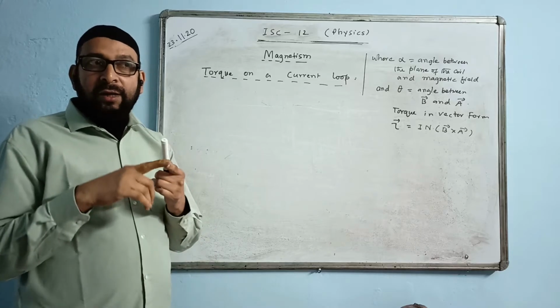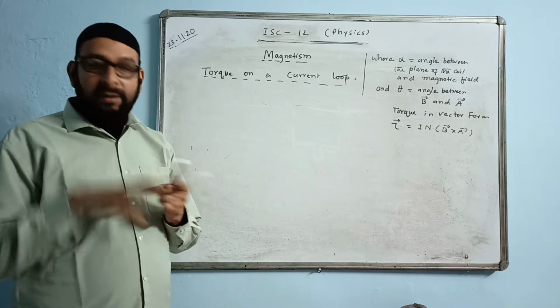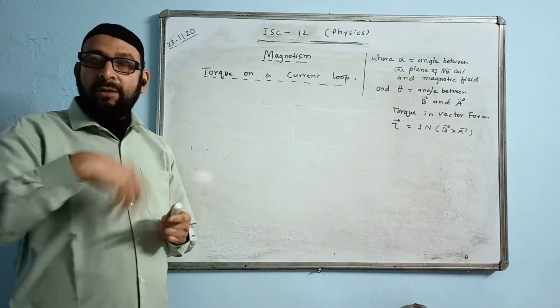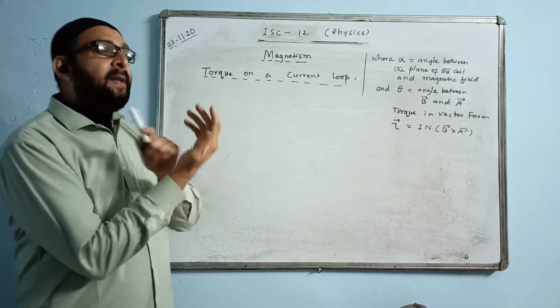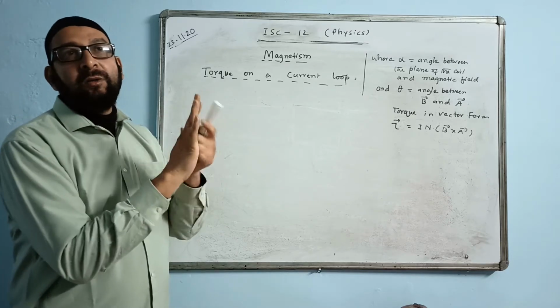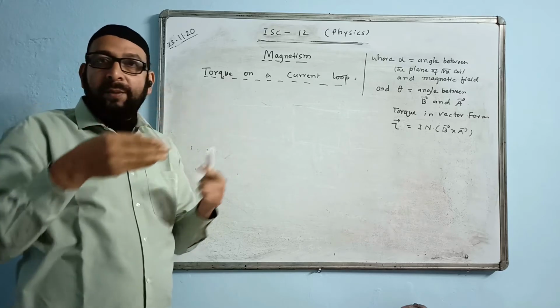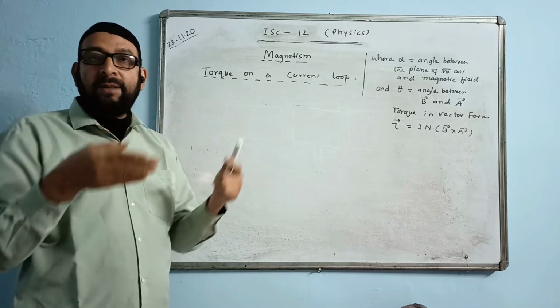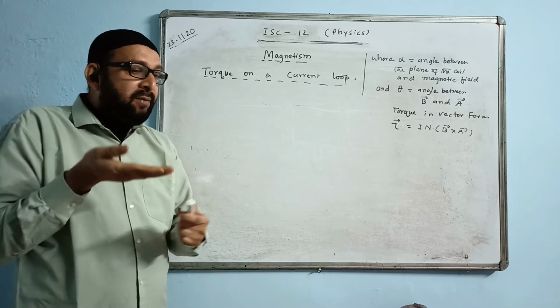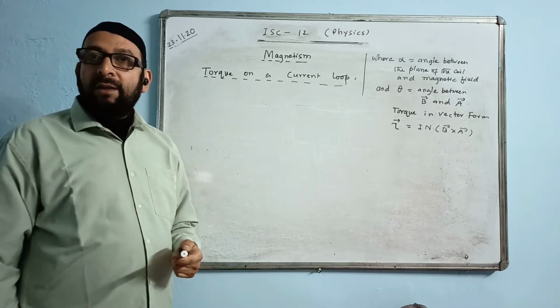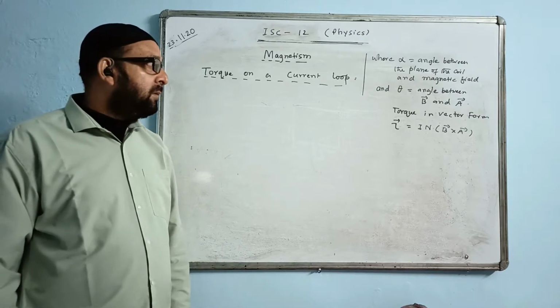If alpha is 0 degrees, we will have maximum torque and constant torque throughout its rotation. Whatever the position of the plane of the coil, the speed of rotation will be constant all the time. It will not be like maximum to minimum and minimum to maximum. It will have the same speed everywhere. So there is a method of making that.